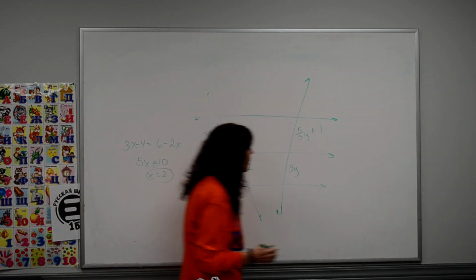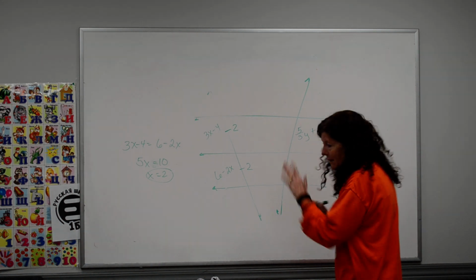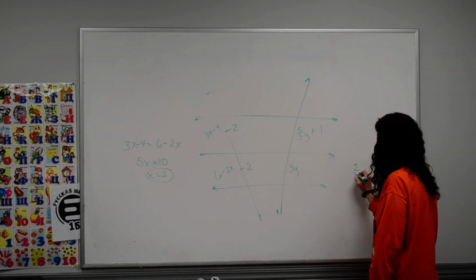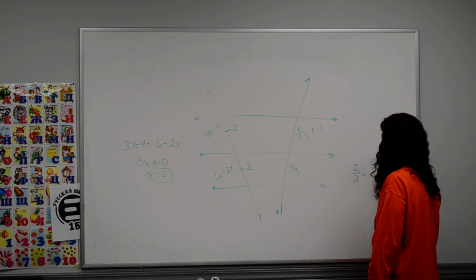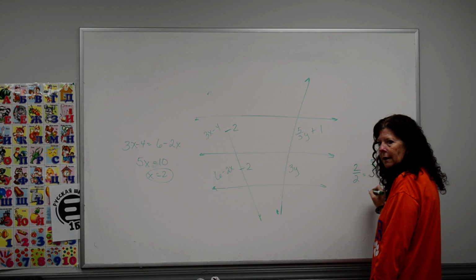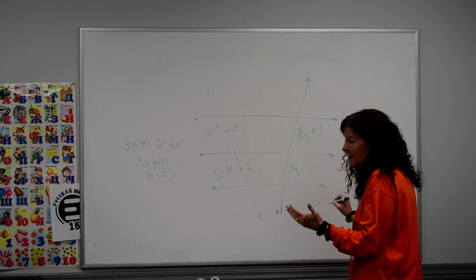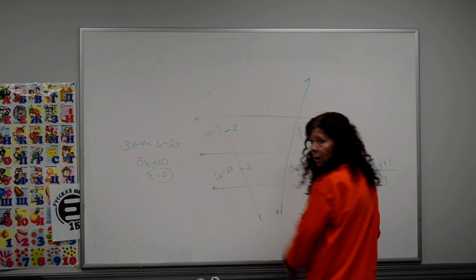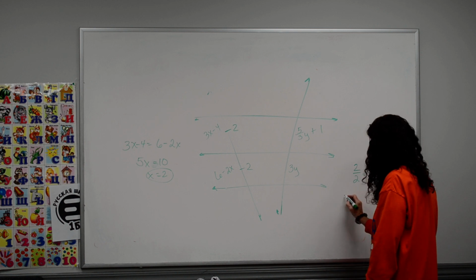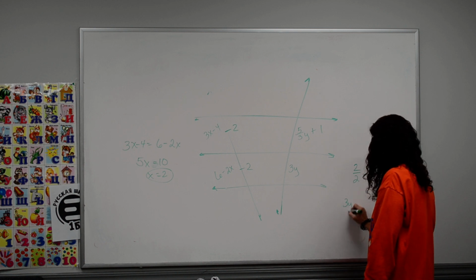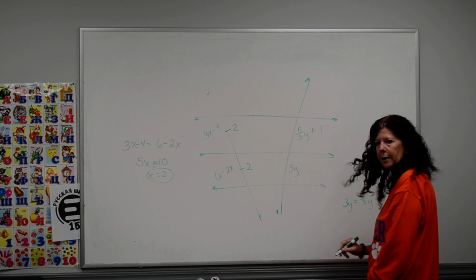So I could say, 2 is to 2 as 5/3 y plus 1 is to 3y. So I can cross multiply, but is that not a 1-to-1? So therefore I can say 3y is equal to 5/3 y plus 1.